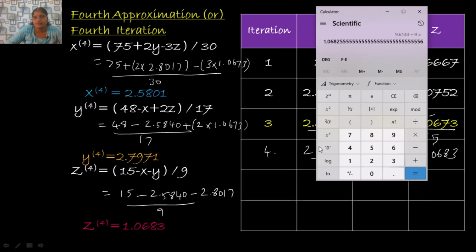You get 1.068255 etc. We have to take up to 4 decimal places as usual, so 1.0682, and in the fifth decimal you have 5, so add 1 to the previous decimal, so 1.0683. Now you can understand how to calculate these values using the calculator. Up to this I showed you how to calculate with the calculator, so proceed in the same way and you get the solution.